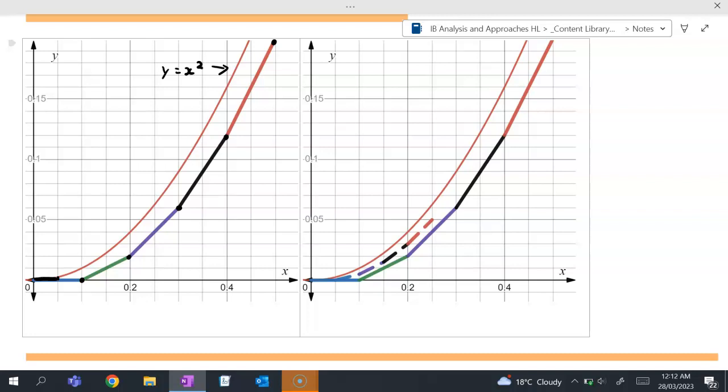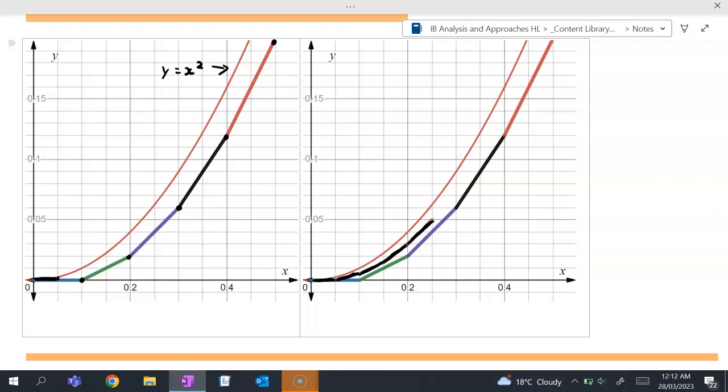And so what I've done is I've drawn dashed lines for these approximations. So we go 0.05, then up to 0.1, then on to 0.15, up to 0.2, up to 0.25, and you can see that those approximations are closer to the function than the approximations of 0.1.